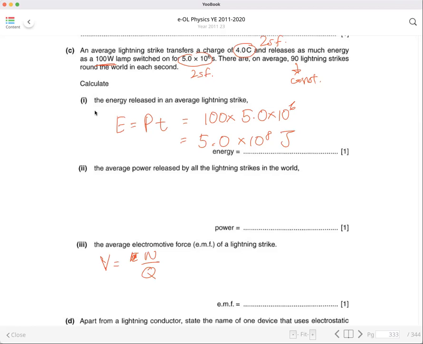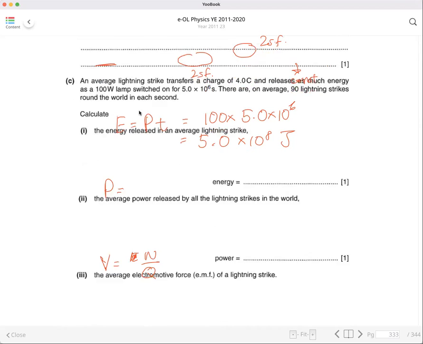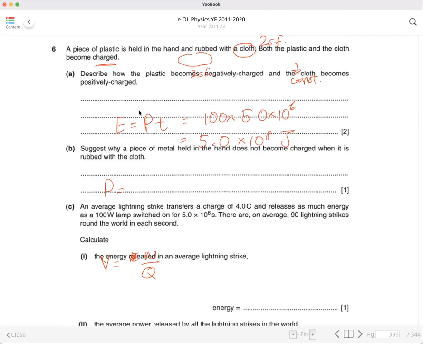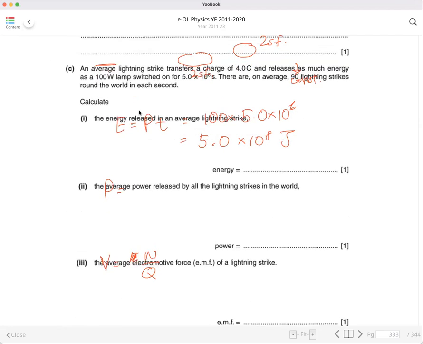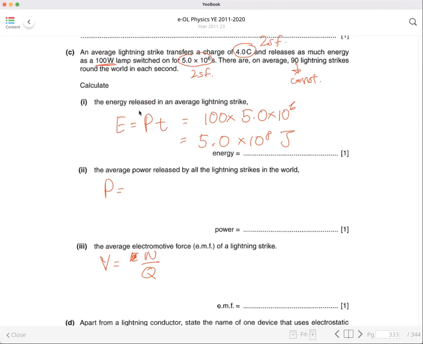Okay, then for part 2, the power, I'll hold on for a while.